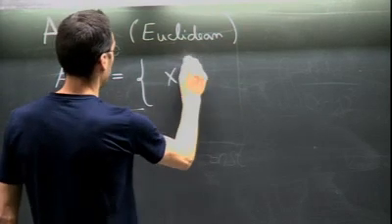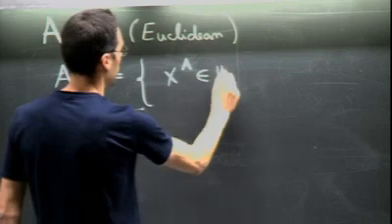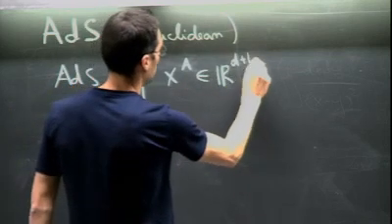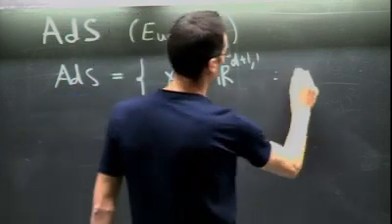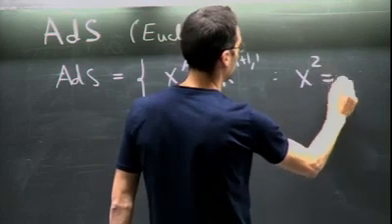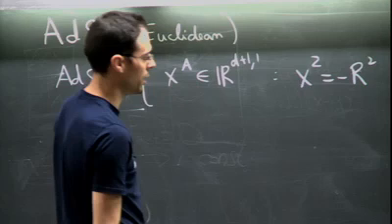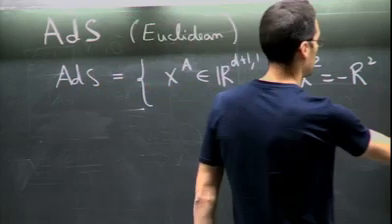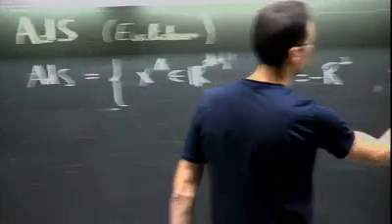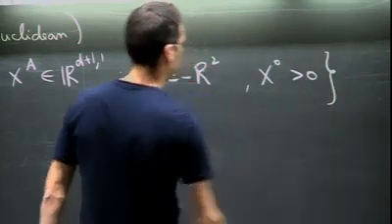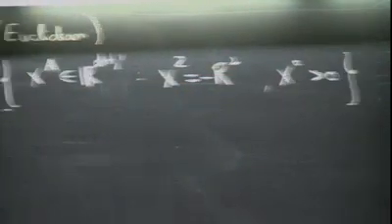So you take these points X^A in this embedding space, d+1,1, and you just impose that X squared is minus R squared, okay, where R is going to be the radius of AdS, and X^0 is bigger than 0. Okay, so let me just draw you a picture.